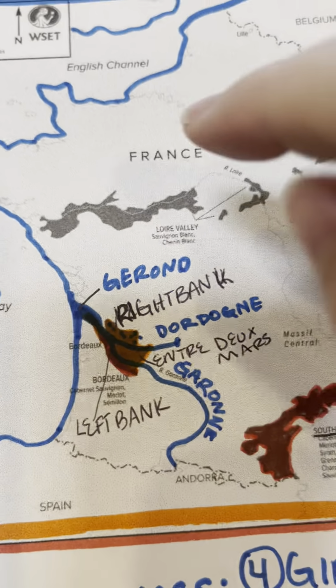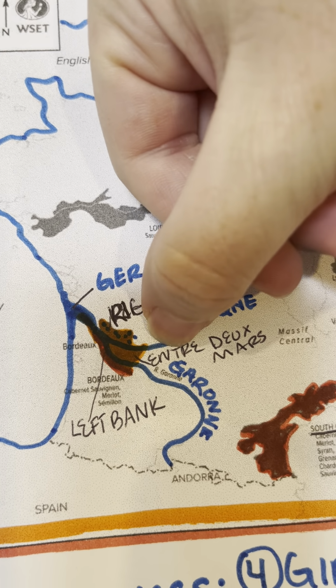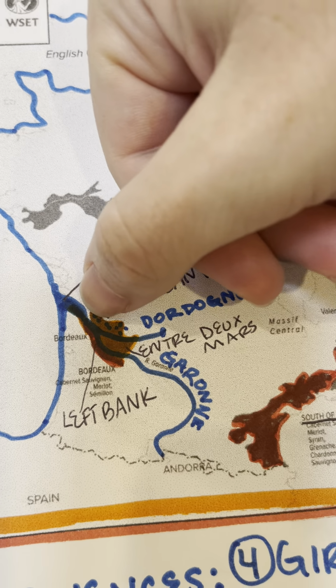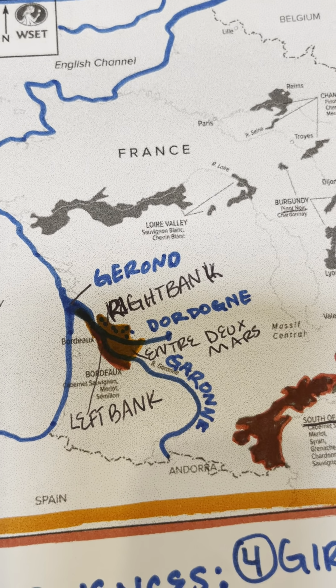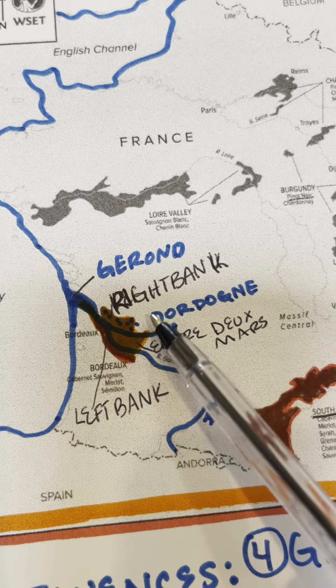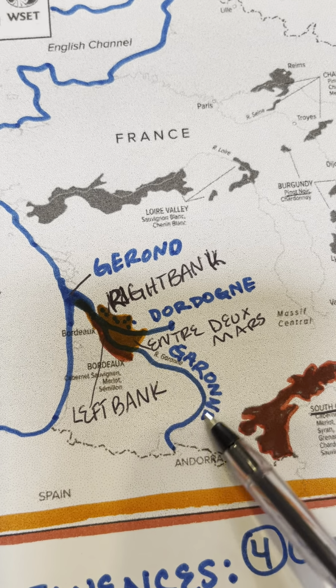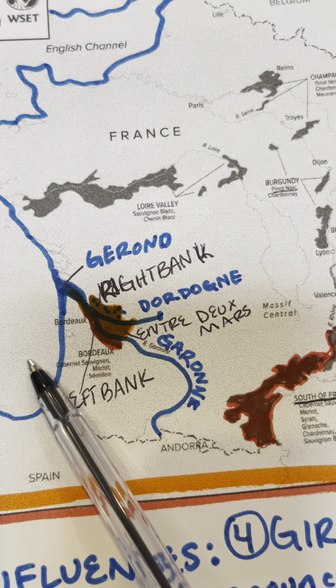So Bordeaux is kind of split between these two rivers, Dordogne and Garonne. Everything to the left side of Garonne is called the left bank of Bordeaux.